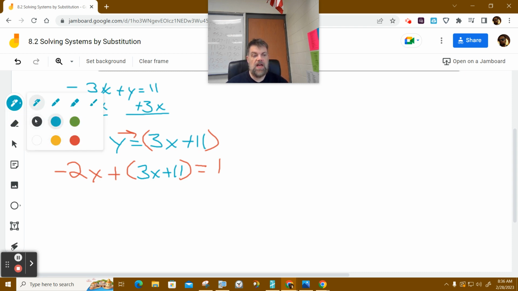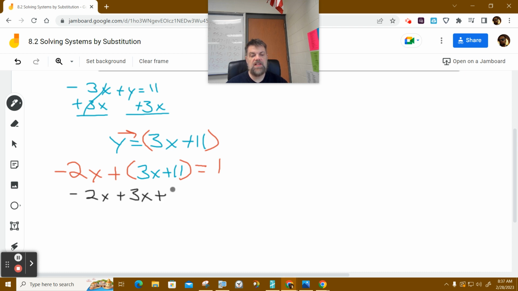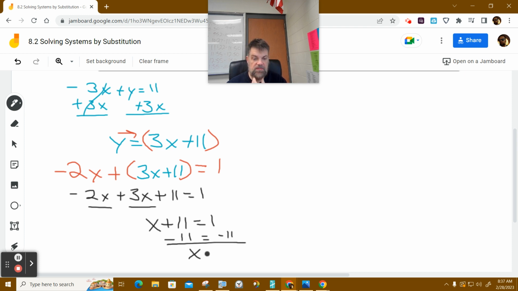I'm not really doing anything with the stuff in the parentheses, so this is really negative 2x plus 3x plus 11 equals 1. Combine like terms. 3x minus 2x is just x, plus 11 equals 1. I'm going to subtract 11 from both sides, and I get x equals negative 10.